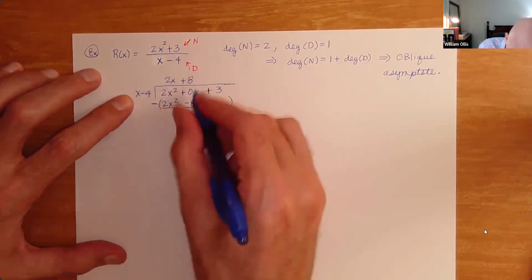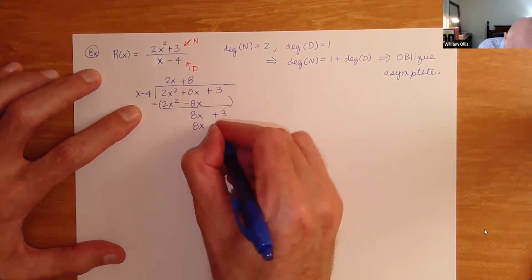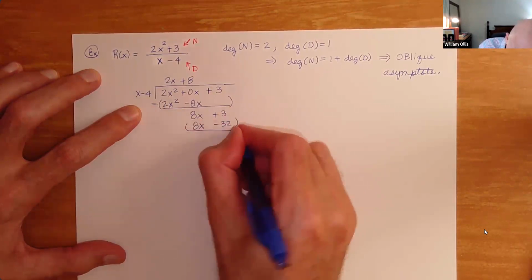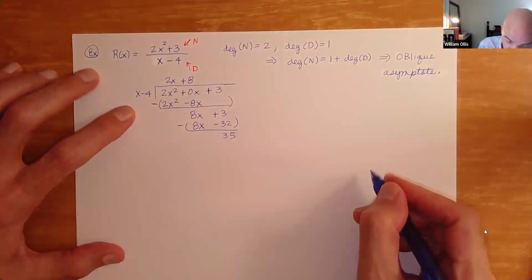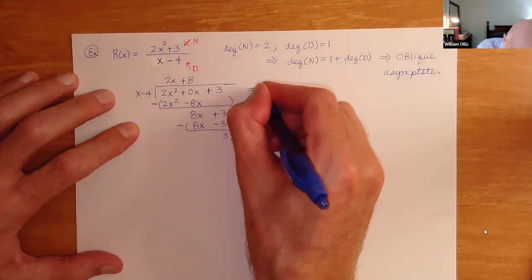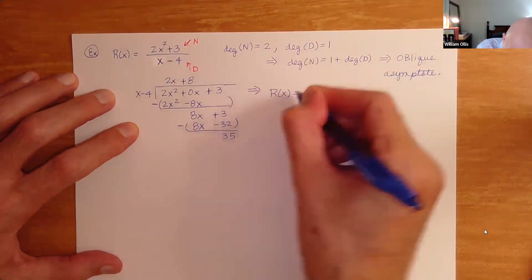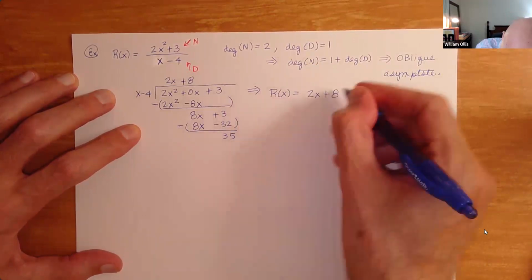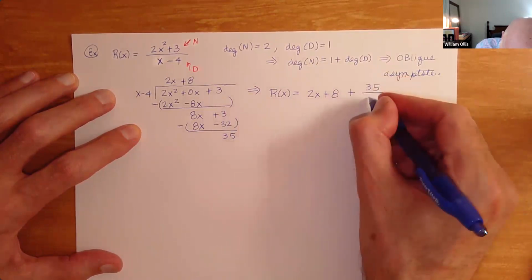And so we have 8 times x, which is 8x. And then we have 8 times negative 4, which is a negative 32. And we subtract, and we get a 35. So we just have 32 plus 3. So this implies r of x equals 2x plus 8 plus 35 divided by x minus 4.